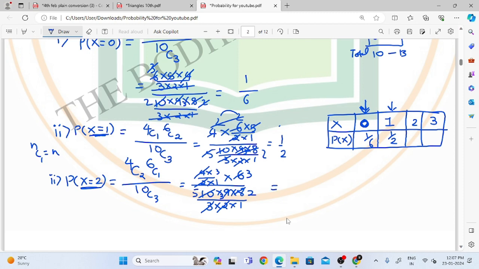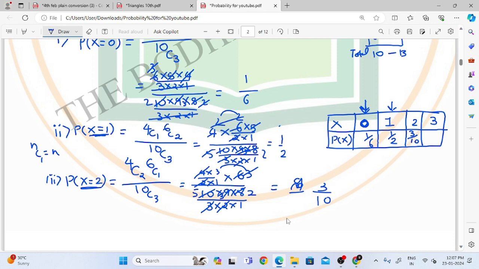So in the numerator 3 into 3, that is 9, upon in the denominator 5 into 2. One more 3 and 3 will get cancelled. So 3 upon, in the denominator, 5 2s are 10. So for this third case, the probability is 3 upon 10.